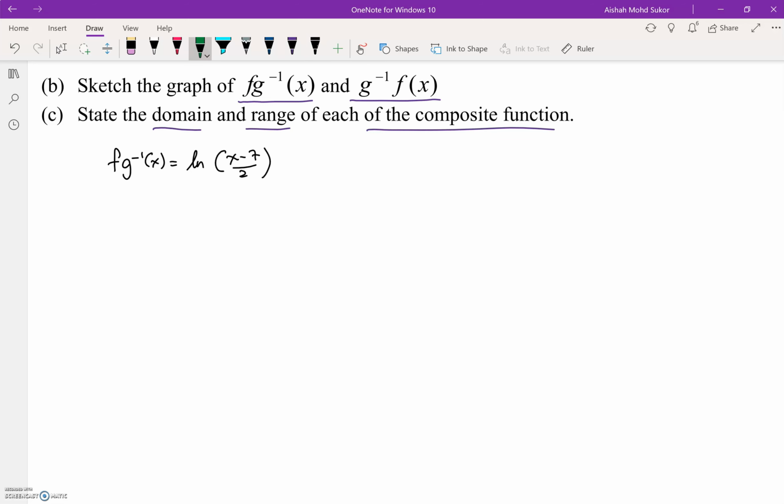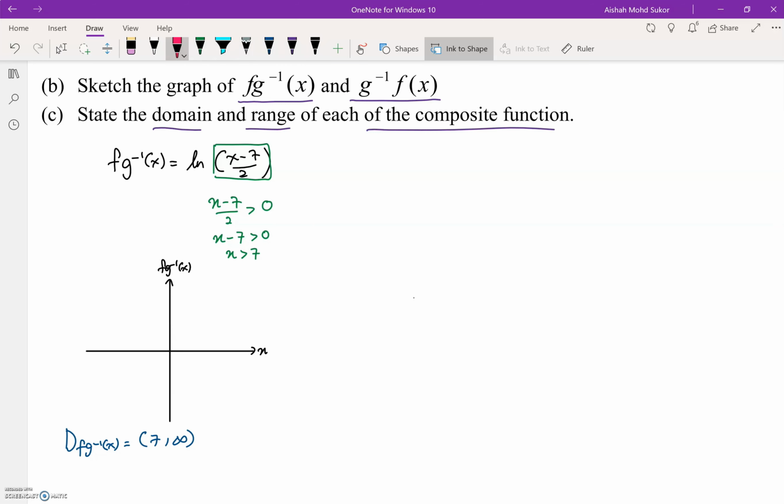To sketch the graph, we need to find the domain first. f(g inverse(x)) exists when (x minus 7) over 2 is greater than 0. We bring 2 to the right hand side. So we have x minus 7 greater than 0. So x is greater than 7. Now we know that our function exists when x is greater than 7. So we have our domain to be 7 to infinity.